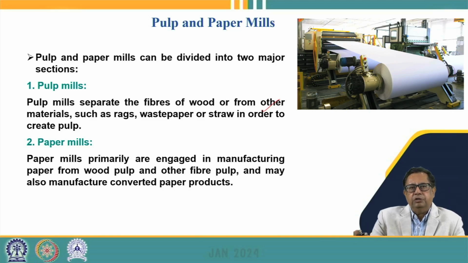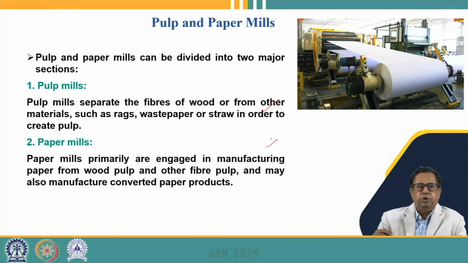When we remove all these things, we create a material which is pulpy in nature, which forms a pulp that can be used for the generation of paper later on. This is known as the pulping operation, and it is generally performed in the pulp mills.